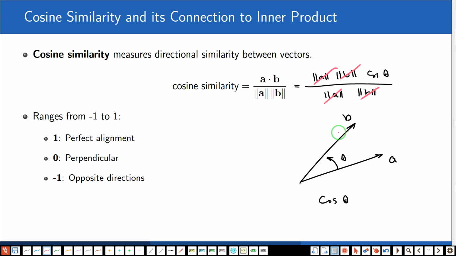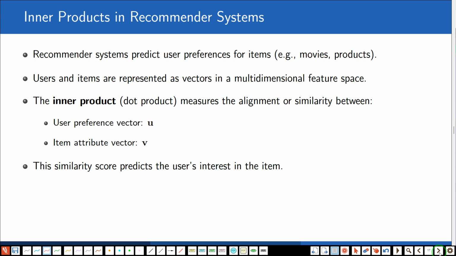If two vectors are perfectly aligned, then the angle between them is 0, and that's the maximum value for cosine similarity, which is 1. The minimum value is -1, that's exactly the opposite direction. And 0 is for orthogonal or perpendicular vectors. That's related to the inner product.